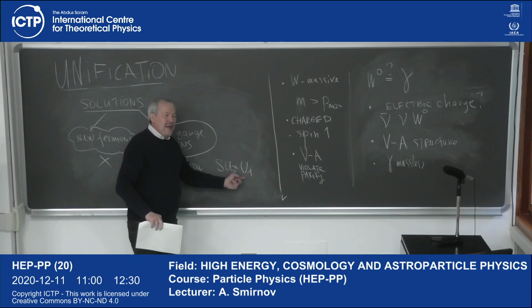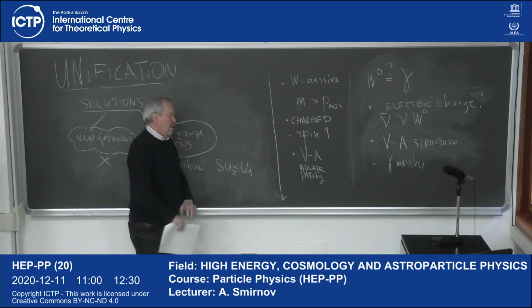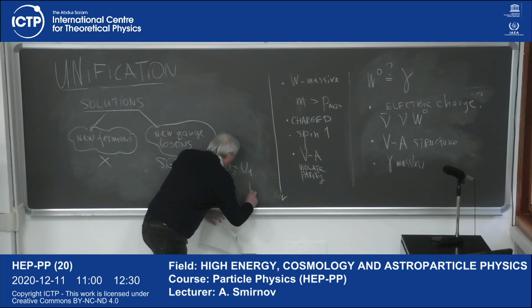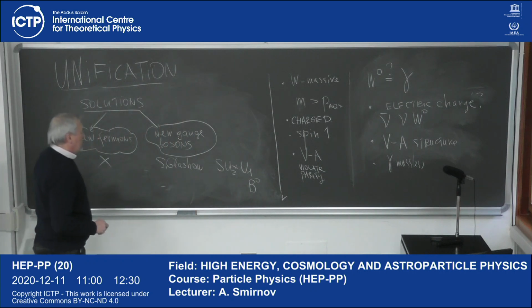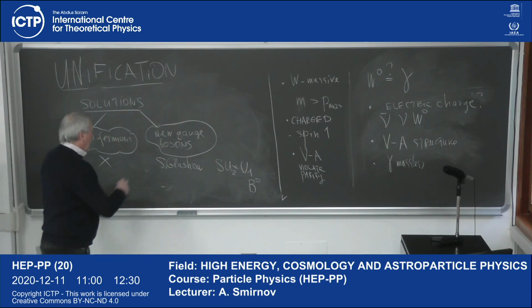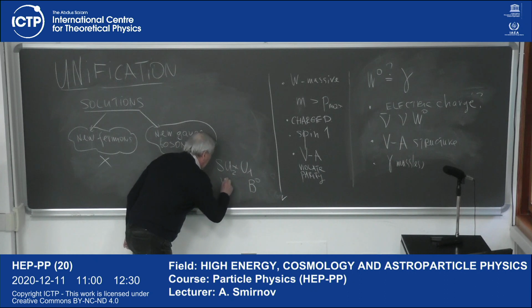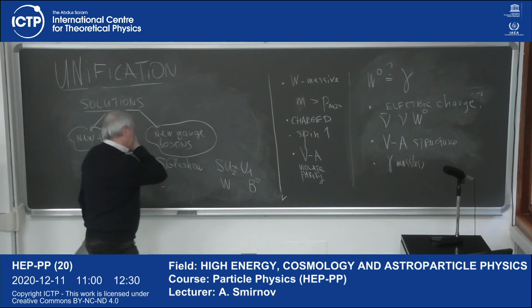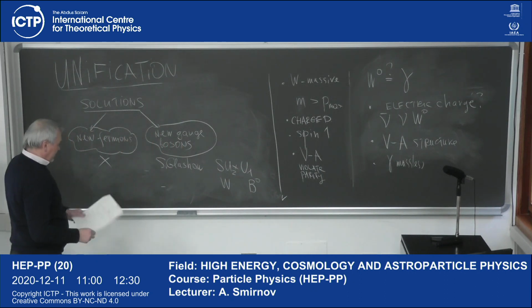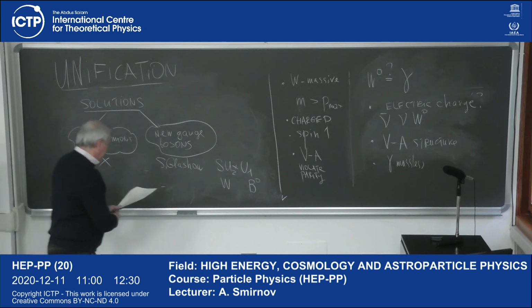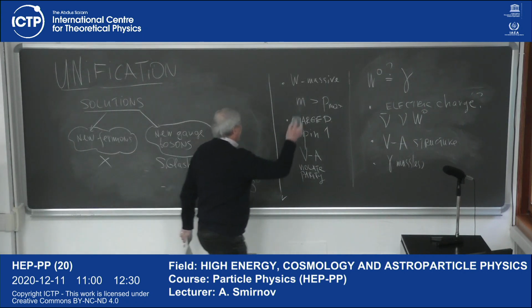So he added one additional gauge boson. Let me denote it by B0. So this B0 corresponds to U1. And here we have these three W bosons, plus, minus, and 0. Okay?